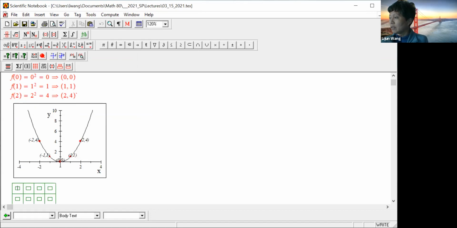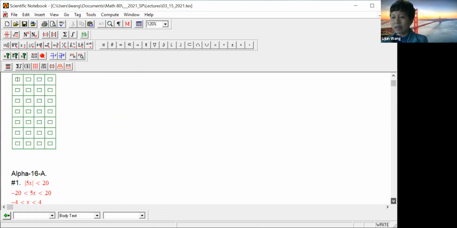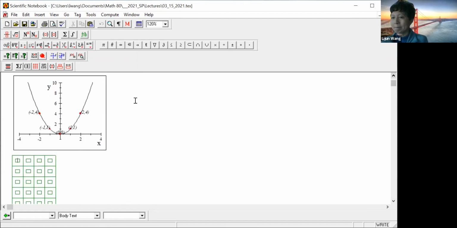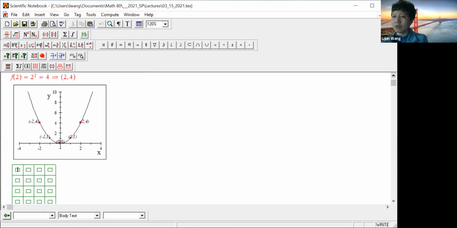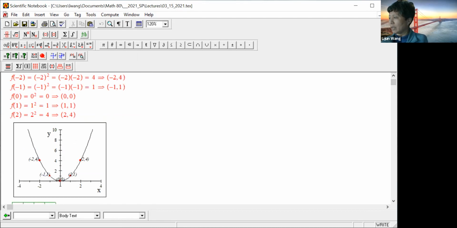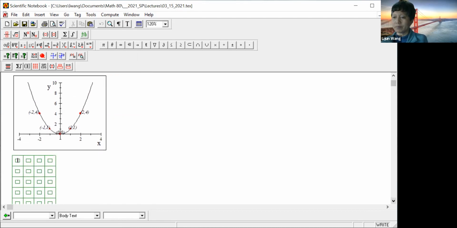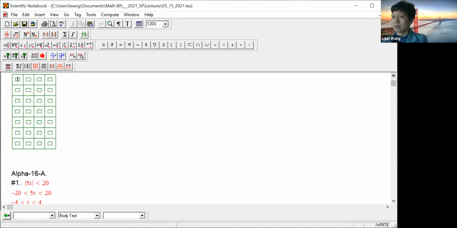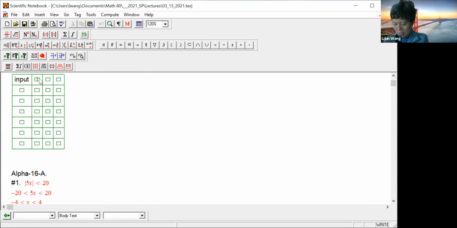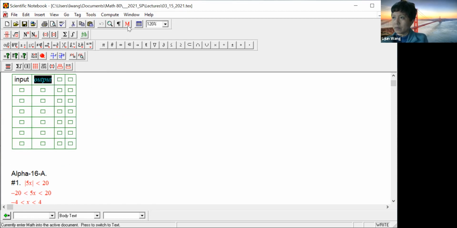This time I will be arranging this table in such a way. In the function form, you know this input, output, right? So input, output, and then these are the points.